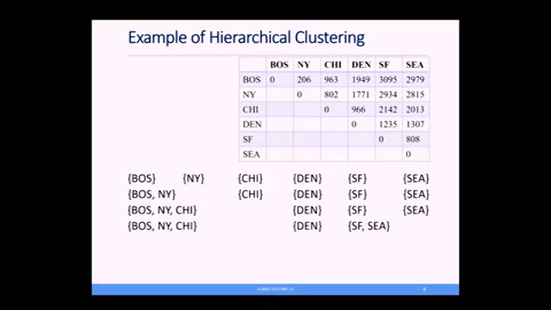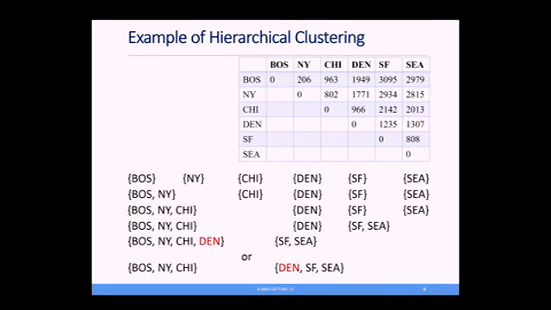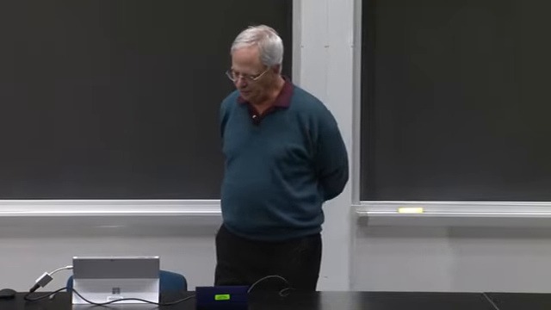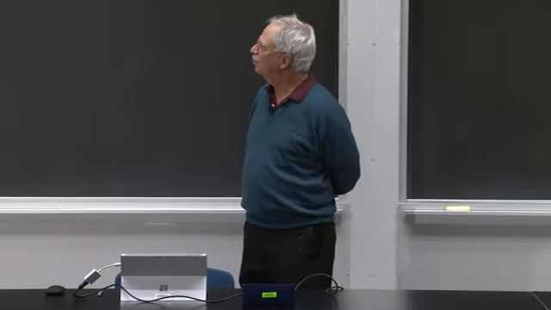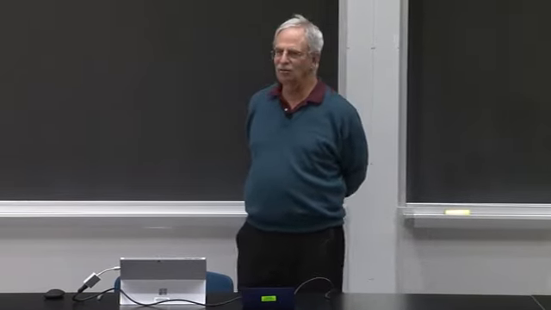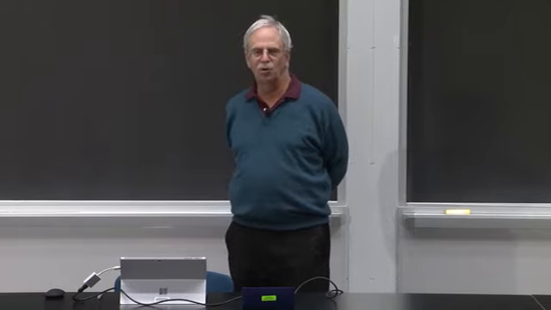All right. So I combine San Francisco and Seattle, and now it gets interesting. I have 2 choices with Denver. Obviously, there are only 2 choices. And which I choose depends upon which linkage criterion I use. If I'm using single linkage, well, then Denver gets joined with Boston, New York, and Chicago because it's closer to Chicago than it is to either San Francisco or Seattle.